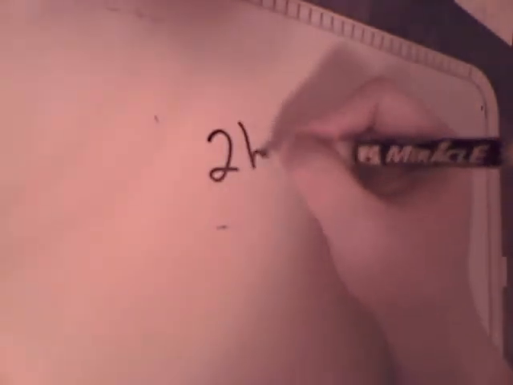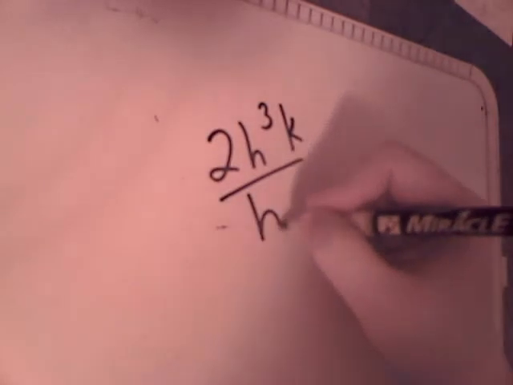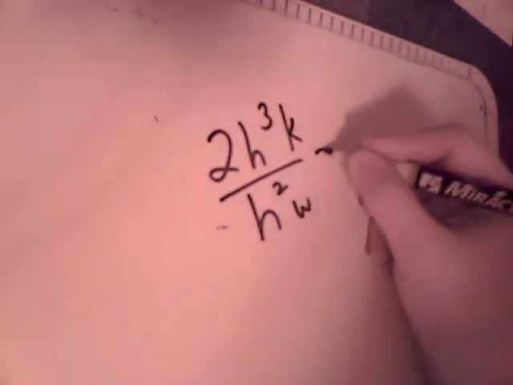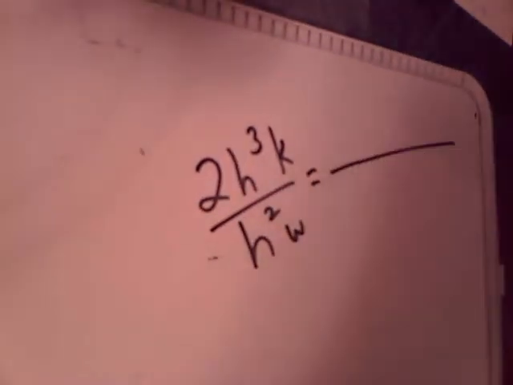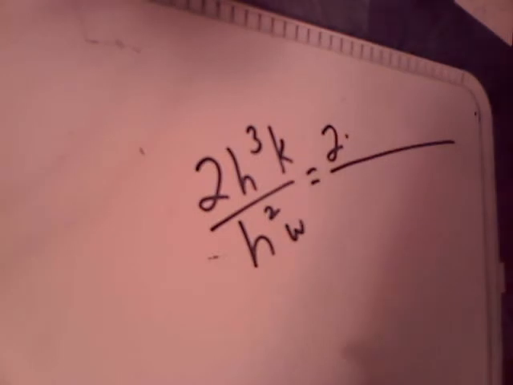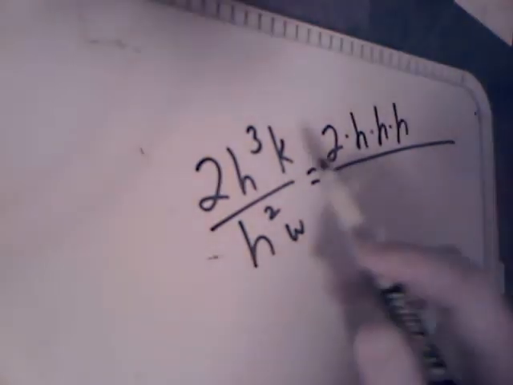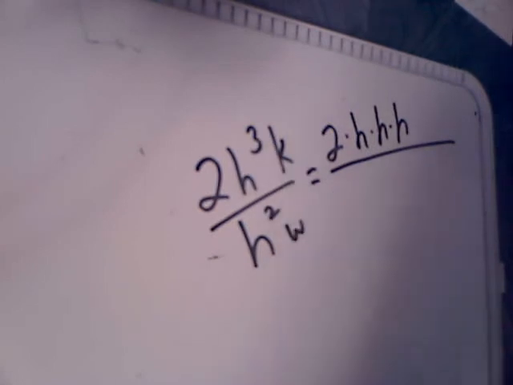There's one more that I have to look at. What we're going to look at is 2h to the third k over h to the second w. And if I break that out using prime factorization, here's what it's going to look like. 2 times h to the third power means h times h times h, because you see h 3 times.